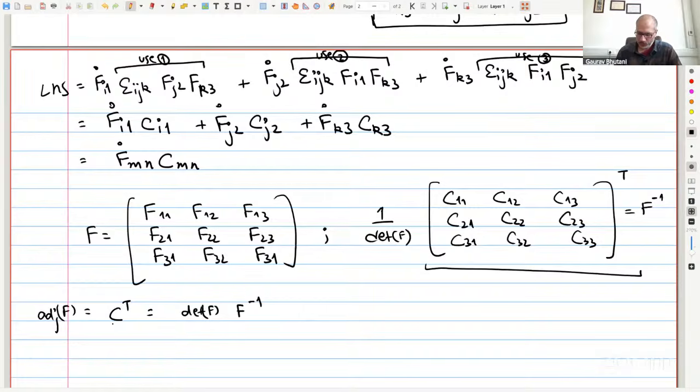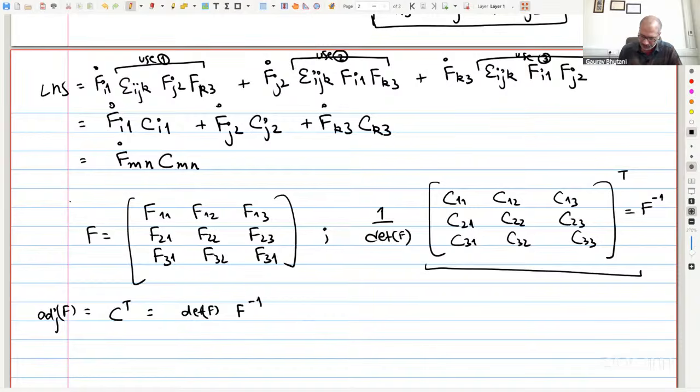So what we are doing here is that we have been able to write the LHS as F dot mn times Cmn, where Cmn is the C matrix that we have.